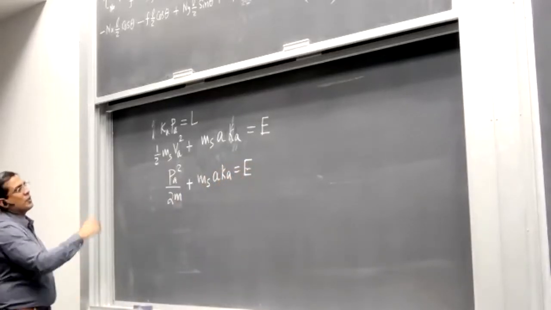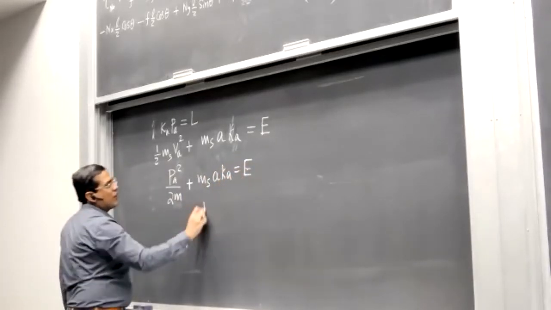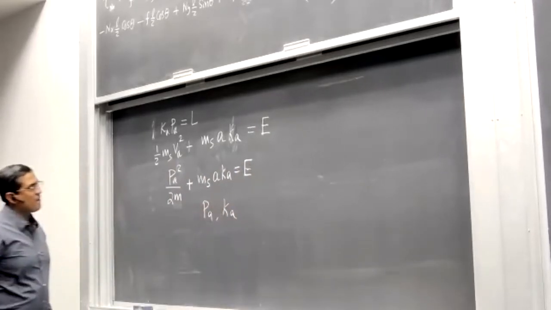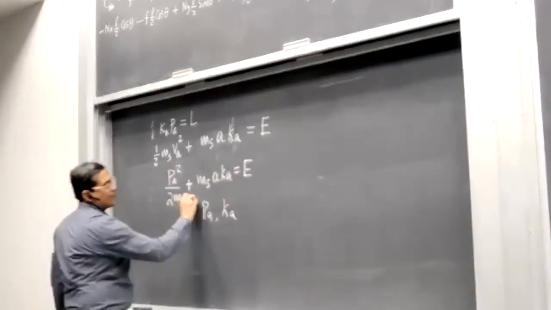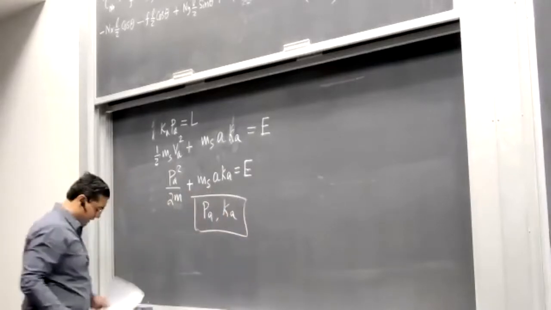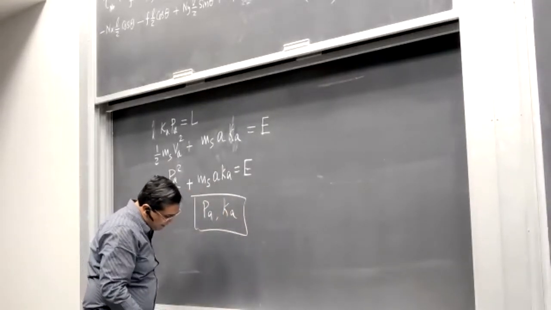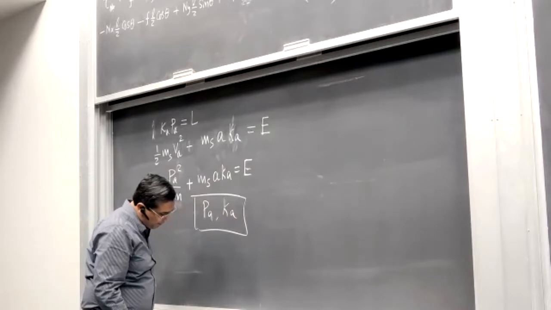You can solve these two equations simultaneously to find Pa and Ka. Okay, so this is another part. And the last part asks you to find the semi-major axis of its orbit.